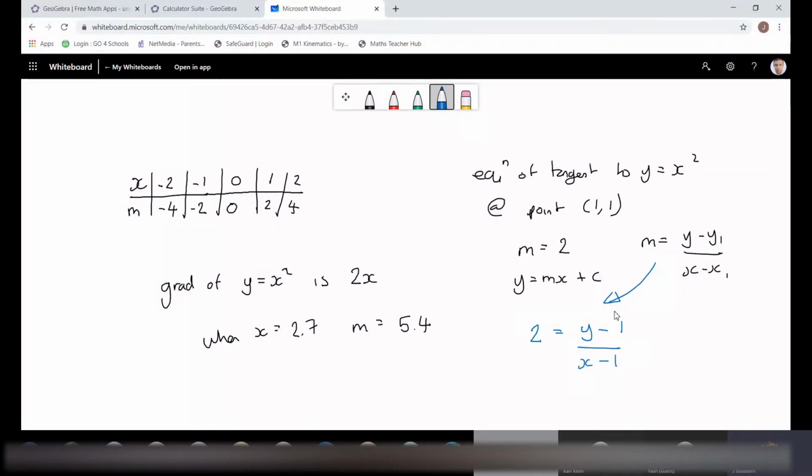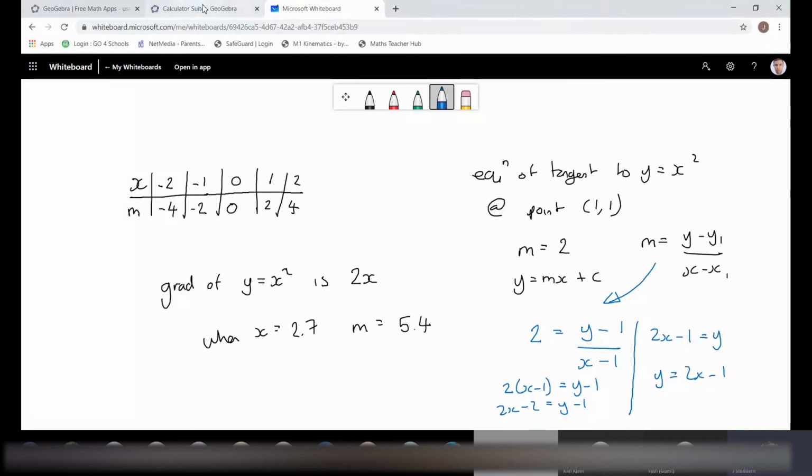And this is actually the equation of a line. If I multiply this out, so I multiply both sides by x minus 1, I get 2 lots of x minus 1 equals y minus 1. So 2x minus 2 equals y minus 1. And then I am going to add 1 to both sides to get 2x minus 1 equals y, which is traditionally written as y equals 2x minus 1.